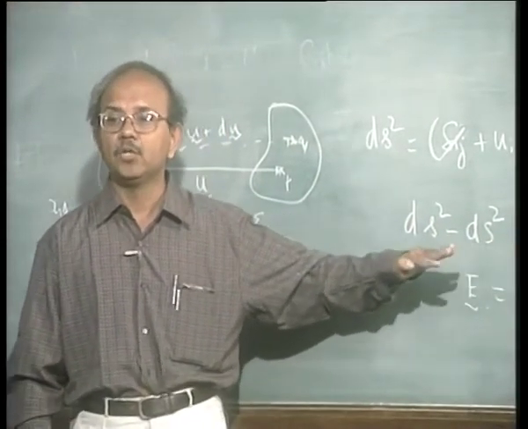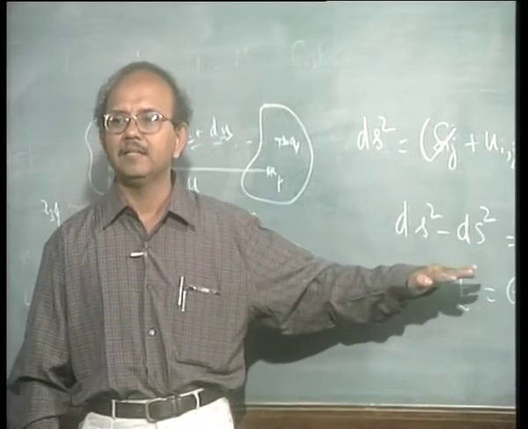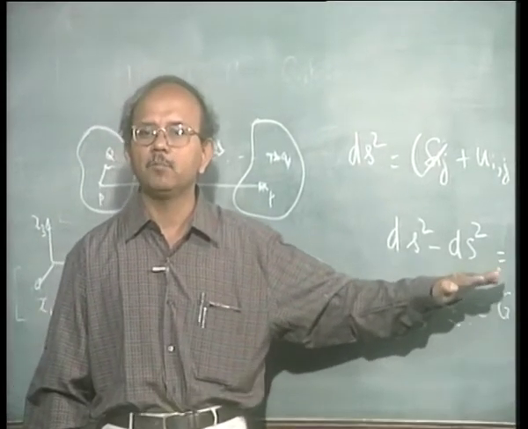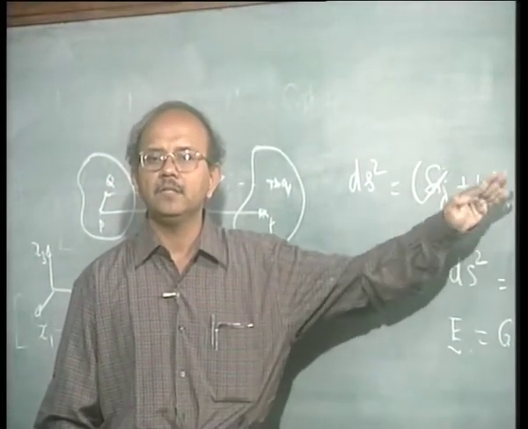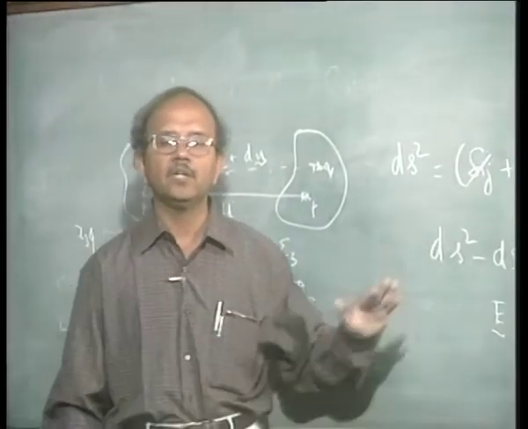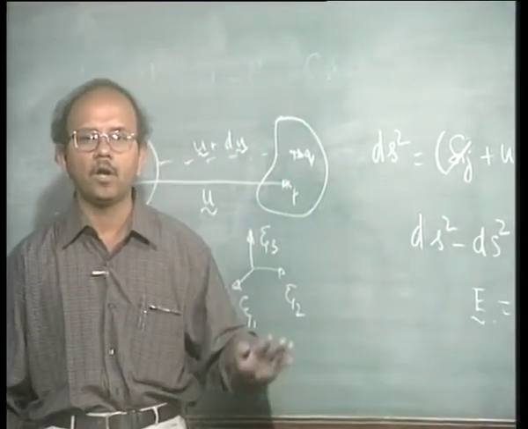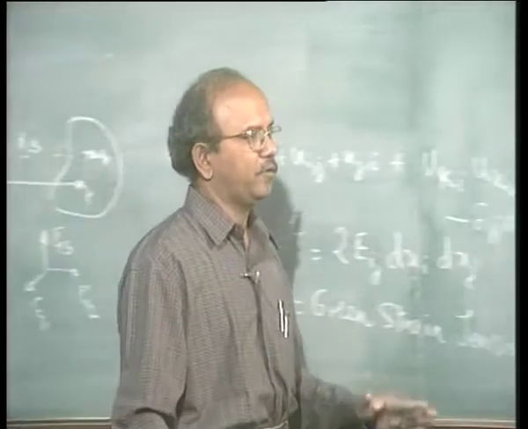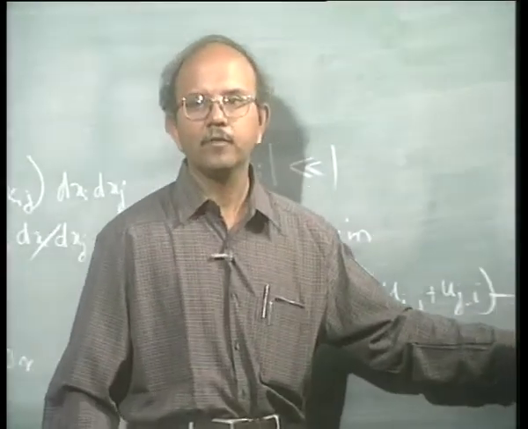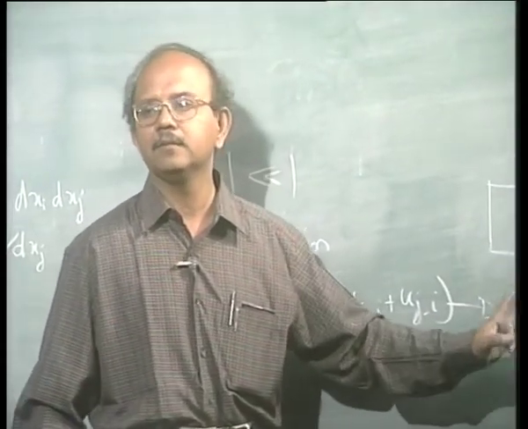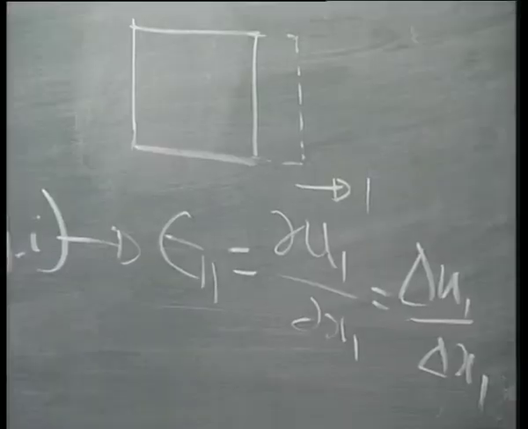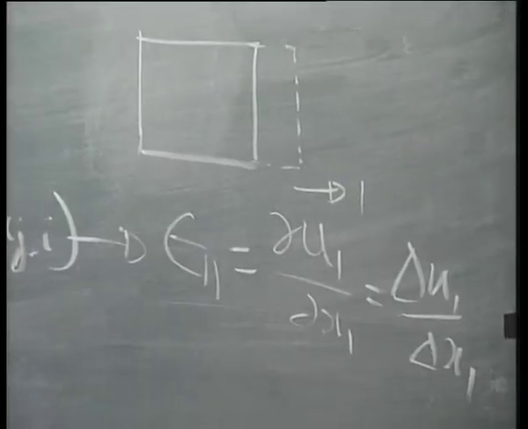Nevertheless, you have to understand that the difference comes about because of the gradient of displacement. So when the gradient of displacement is small, we are not away from what we know, and the change in length by original length is still valid.